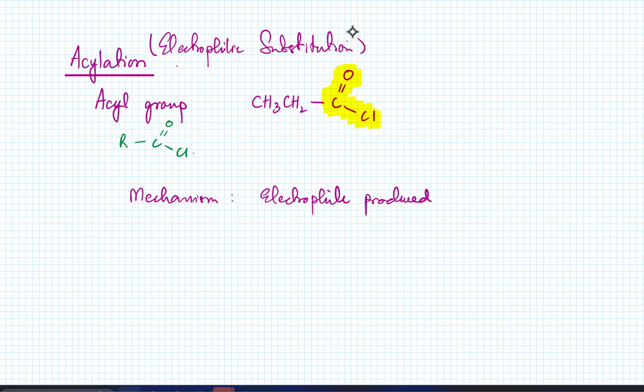If I pick any acyl chloride like CH3, CH2, C double bond O and Cl, I'm going to react it with AlCl3 or FeCl3.